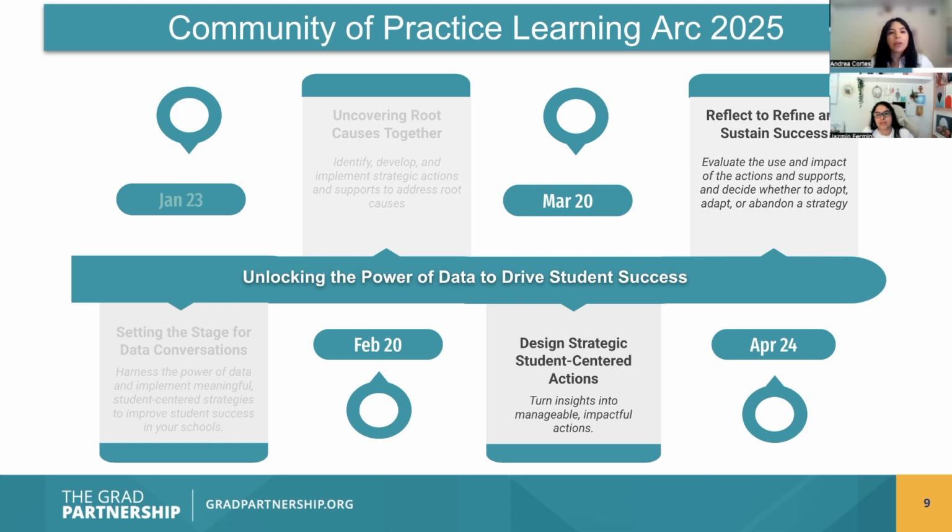In February, we zoned in on uncovering root causes because when we engage in root cause analysis, it gives us a really great picture and a more robust understanding of what our data is telling us. And we asked you all to lean into the student co-design aspect of the student success framework and engage in some root cause analysis with students, particularly students who your data was showing were furthest from opportunity.